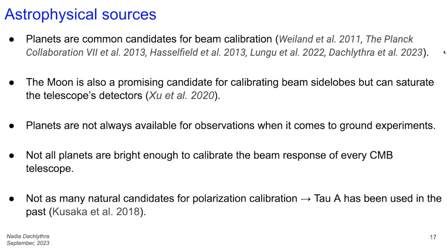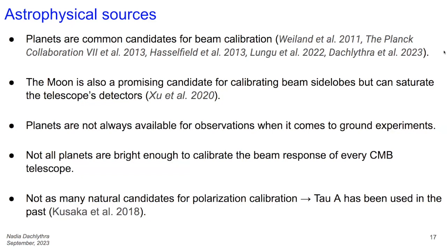Also, not all planets are bright enough to calibrate the beams of the telescopes. We were looking at Saturn, let's say, and Saturn appears to be kind of under the noise, or at least we haven't cleaned up the noise enough. So dim planets can be masked by atmospheric signal and by other types of noise in your telescope.